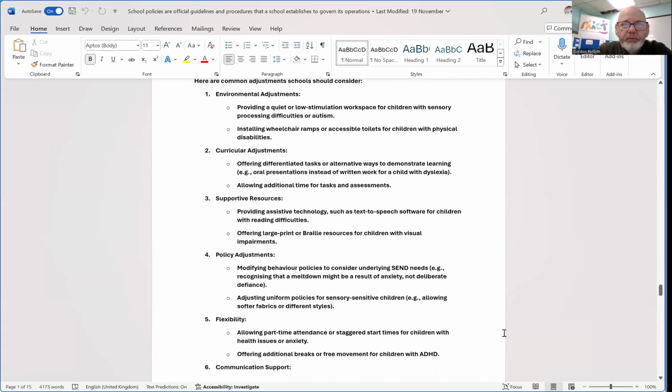Environmental adjustments: providing a quiet or low stimulation workspace for children with sensory processing difficulties or autism. Installing wheelchair ramps or accessible toilets for children with physical disabilities. The accessible toilets, I don't think should just be for physical disabilities. A lot of our children cannot go into toilets because of hand dryers.